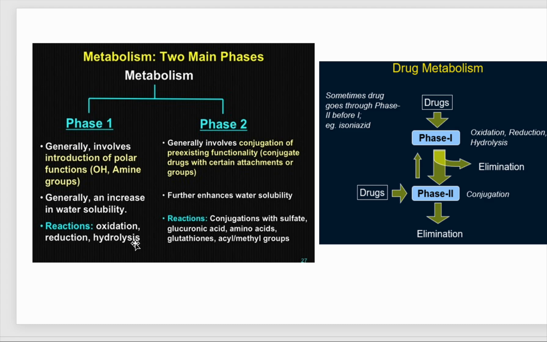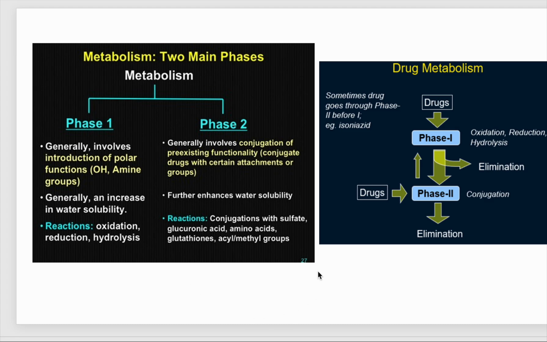In phase two, they generally try to conjugate different functionalities, like sulfonation, methylation, acylation, to enhance the water solubility of the metabolites.